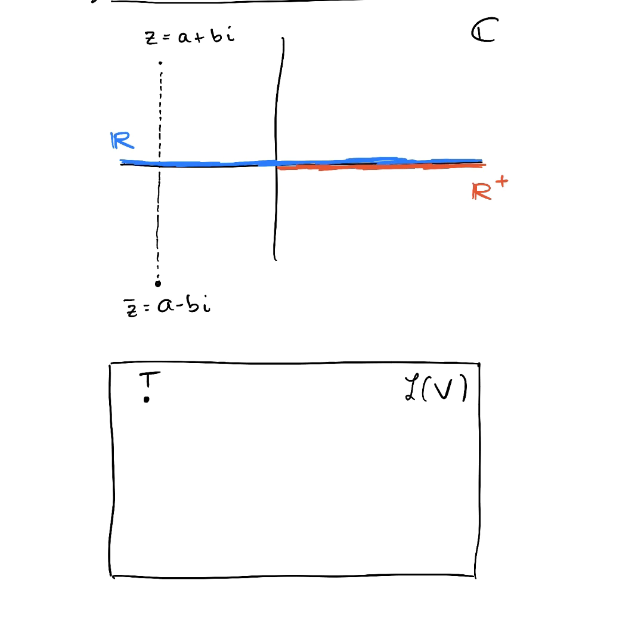So this operator T has what's called an adjoint, T star.